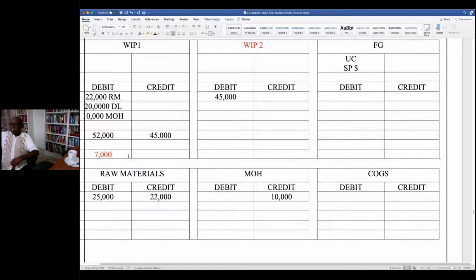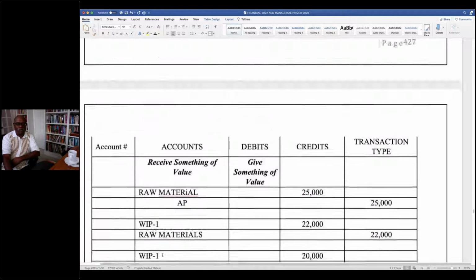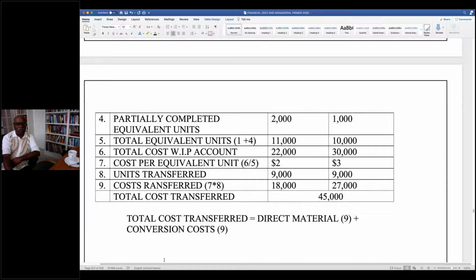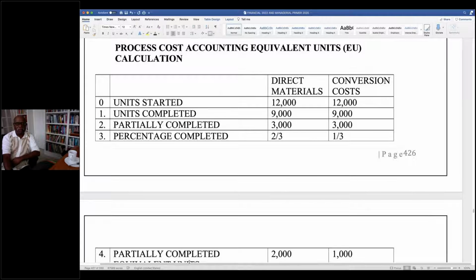Is there any questions from anybody on what we just did? I have a question. Going back to the chart that we just completed, the percentage partially completed. We assume that whatever they didn't complete, they completed partially, or they didn't do it at all.